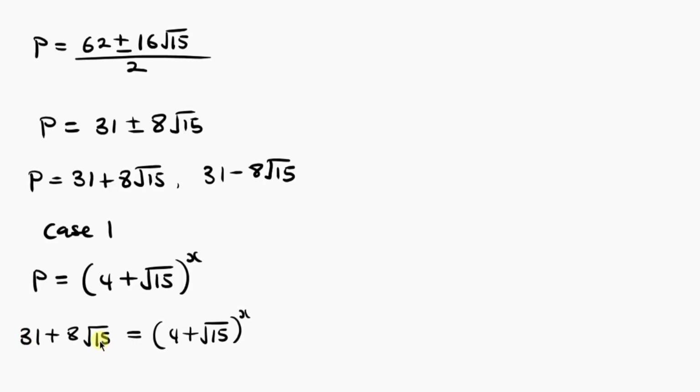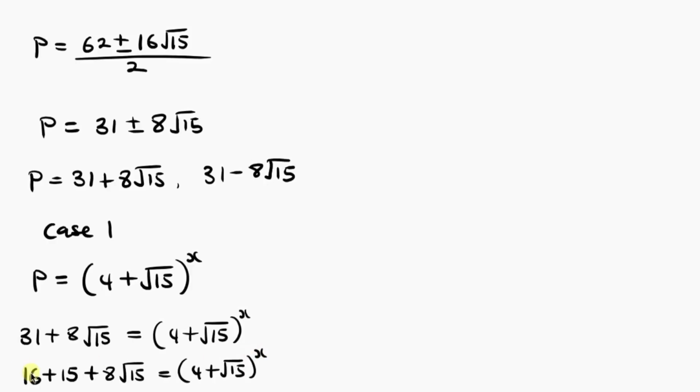That means I'm looking for two numbers to add, and one of them must be 15. So what can I add to 15 to give me 31? That should be 16. So let's put 16 there. 16 plus 15 gives me 31, plus 8 root 15, equal to what I have on the right, which is (4 plus the square root of 15) all raised to the power of x.